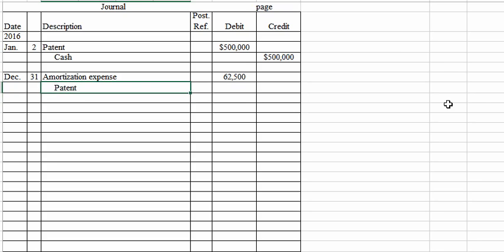They don't use the contra asset for intangible assets, although they do for natural resources and property, plant, and equipment. That's $62,500. I don't have a great explanation as to why. Just know they don't use the contra asset with intangible assets.